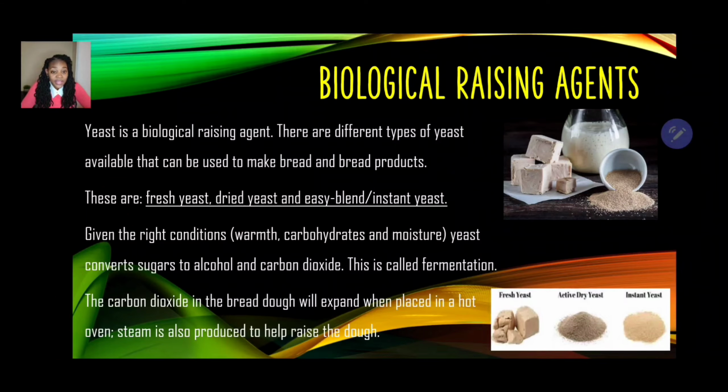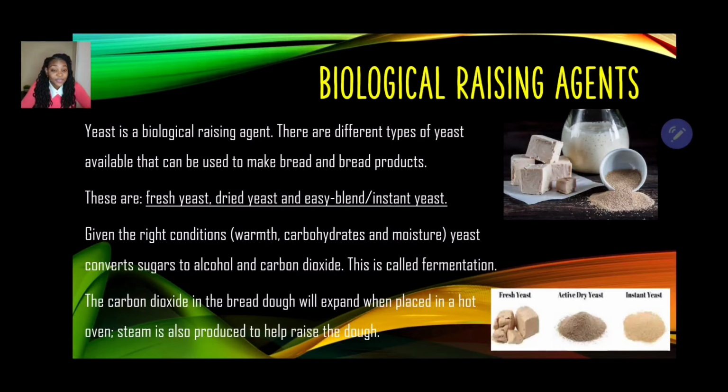Now, the carbon dioxide in the bread dough will expand when placed in a hot oven. So guys, when the yeast feed upon the warmth, the carbohydrates and the moisture, what they do is convert the sugars in the carbohydrates to alcohol and carbon dioxide.